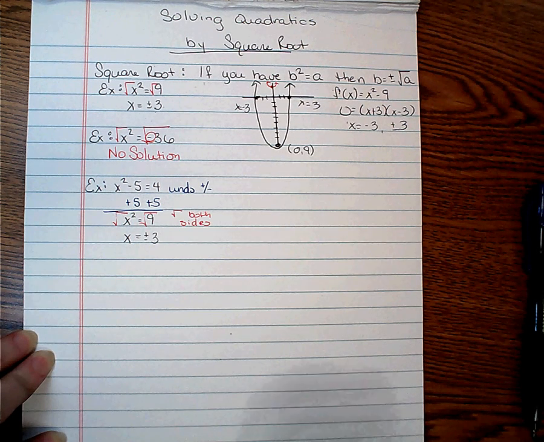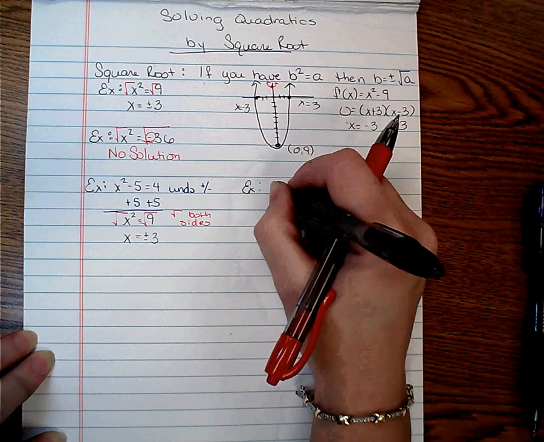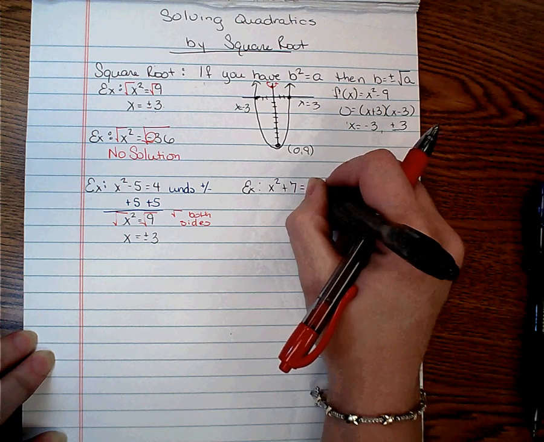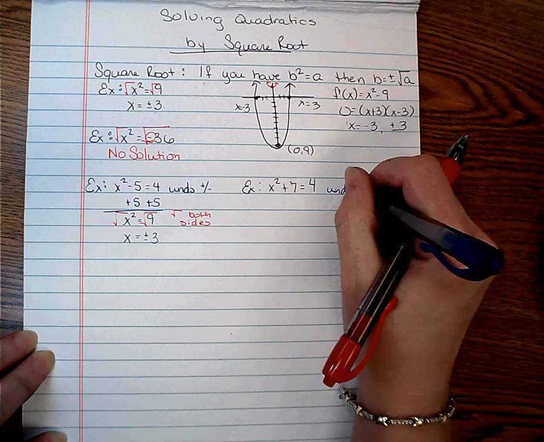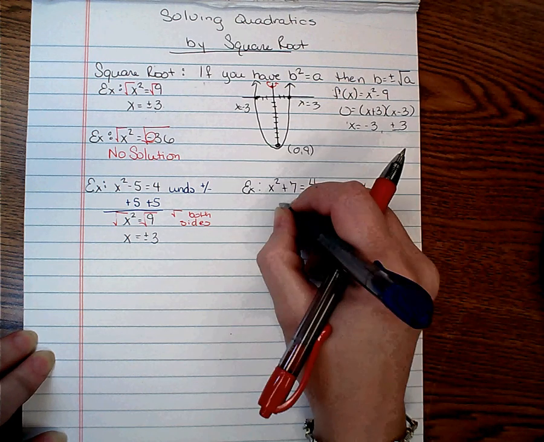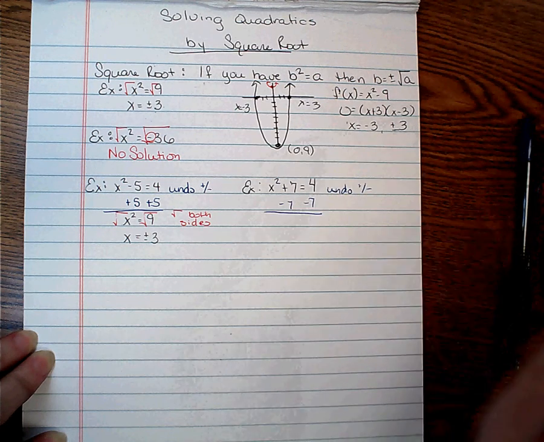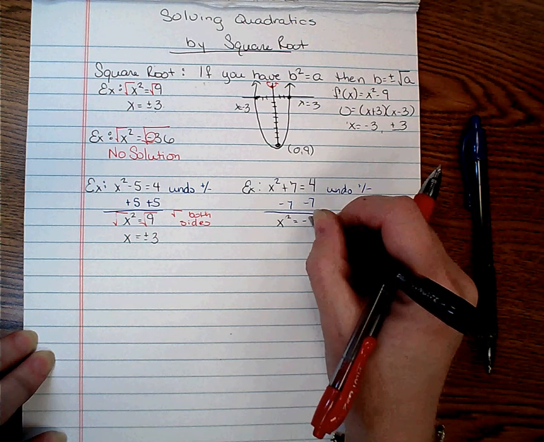Okay? You can also do the following. x squared plus 7 equals 4. And if you undo the addition or subtraction by subtracting 7, we're going to get x squared equals negative 3.